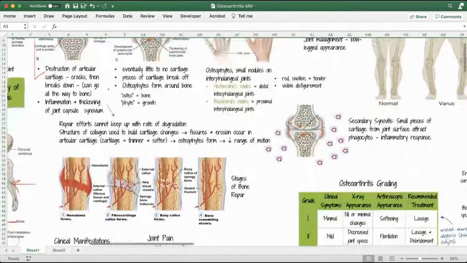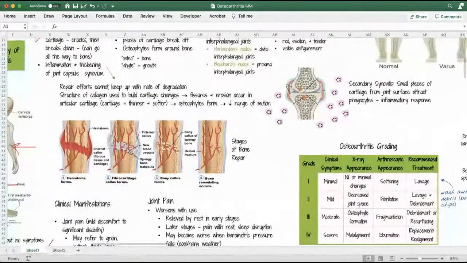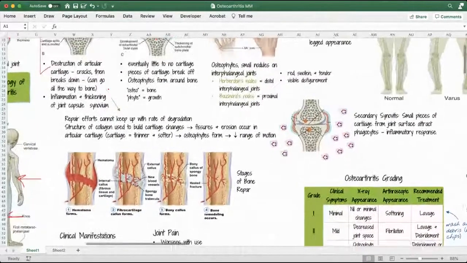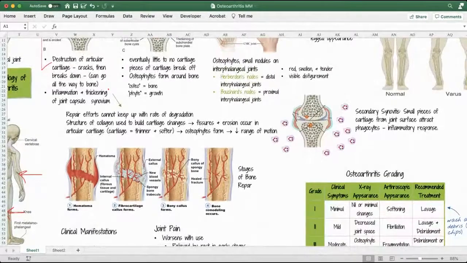Normally, your body can repair damage to the bone. We all know you can break a bone and your body actually repairs it. This here isn't necessarily part of your notes. I just wanted to show you, because this is what's causing a lot of the problem. Normally when something is destroyed, for example your articular cartilage, your body has a process of healing it.